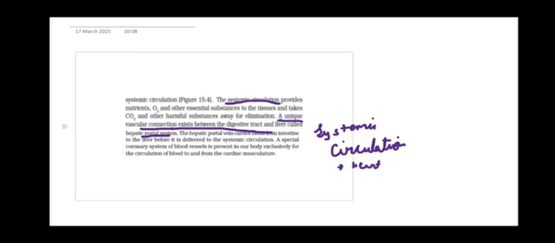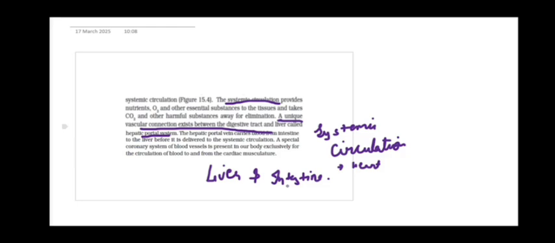The next line says the hepatic portal vein carries blood from the intestine to the liver. So the organs involved are the liver and intestine. Before it is delivered to the systemic circulation, the blood from the intestine goes towards the liver, and after that it transfers to the systemic circulation, that is to the heart.